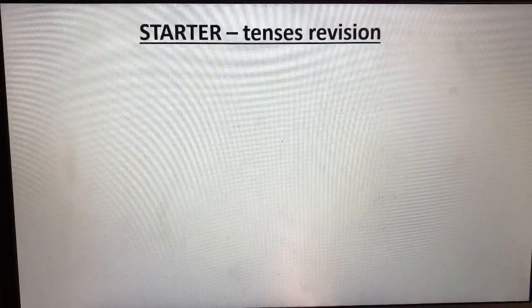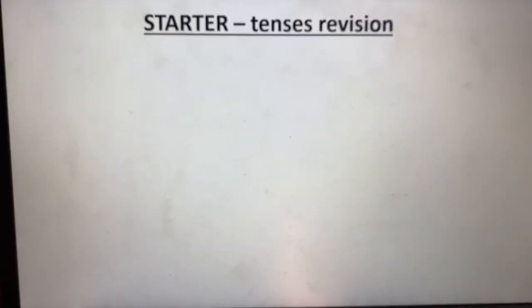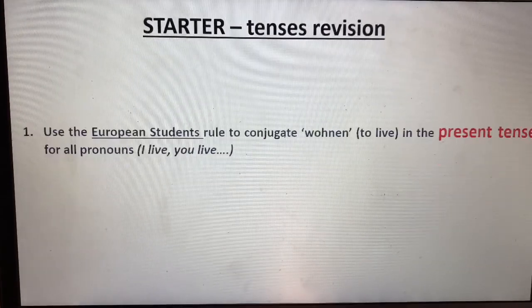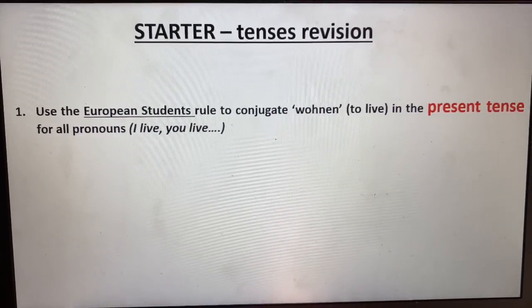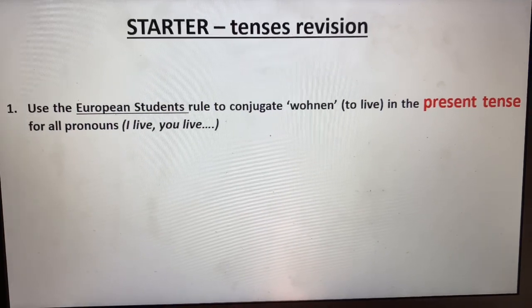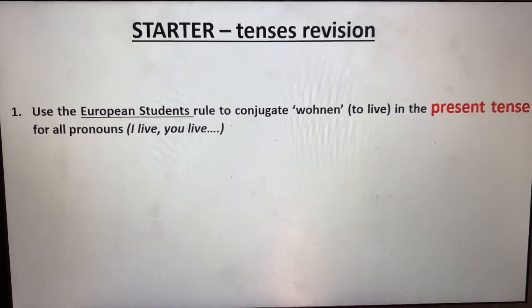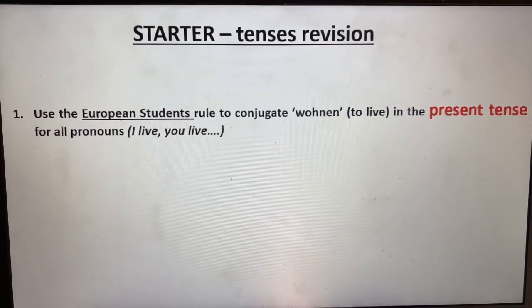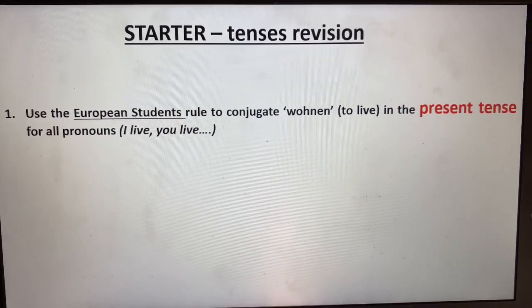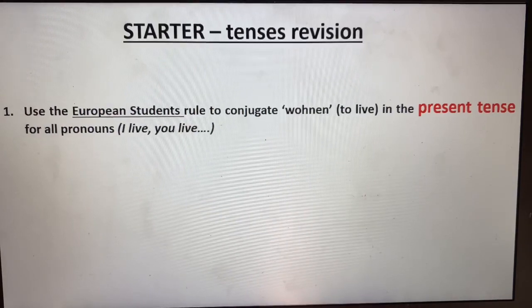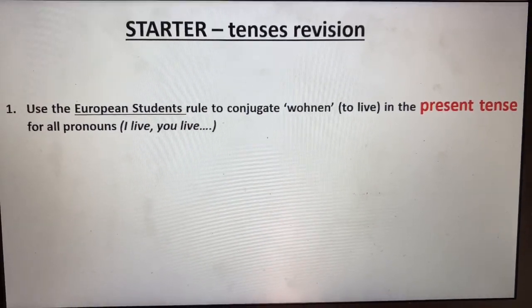Okay, so your starter is some tenses revision. Number 1, use the European students rule to conjugate wohnen, to live, in the present tense for all pronouns. If you can't remember what the European students rule is, you need to go back in your exercise book, look it up, and then write the full conjugation for wohnen.